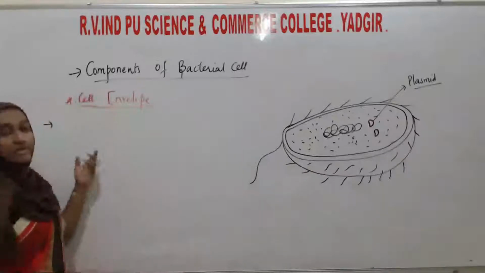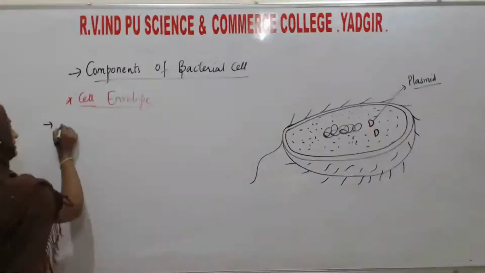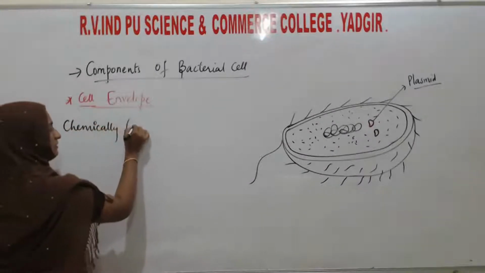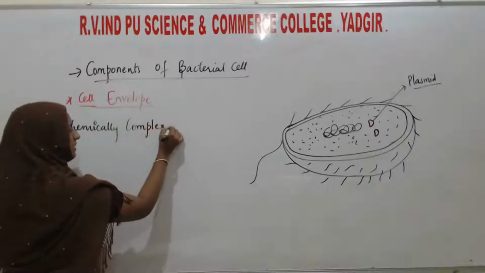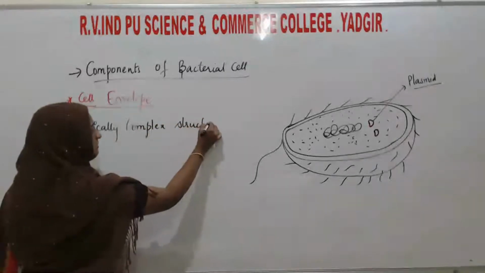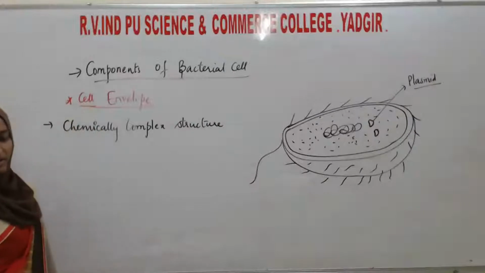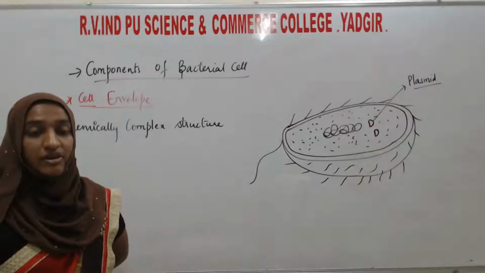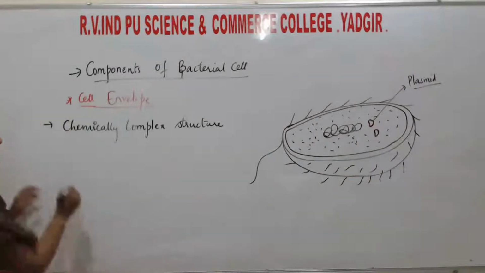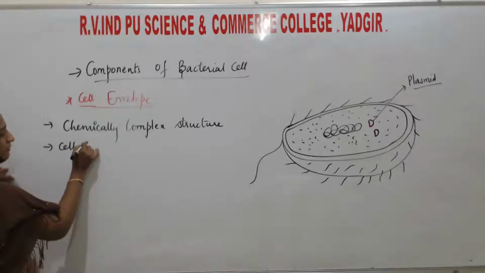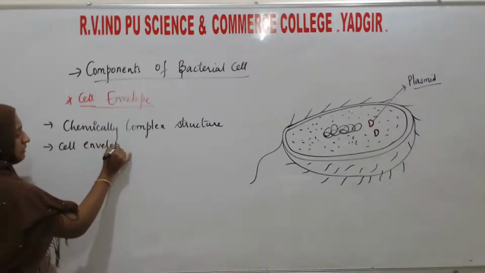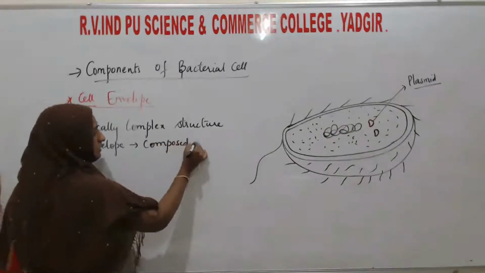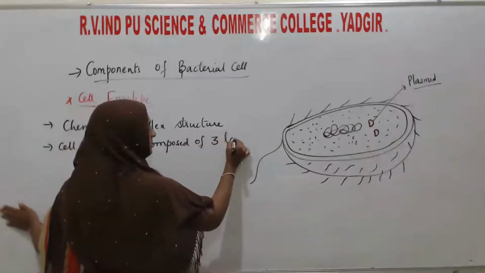The cell envelope of a prokaryotic cell is a chemically complex structure. Why are we calling it a chemically complex structure? Because the cell envelope is composed of three layers.